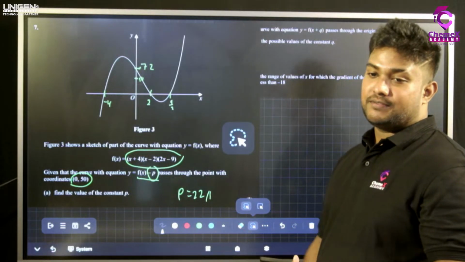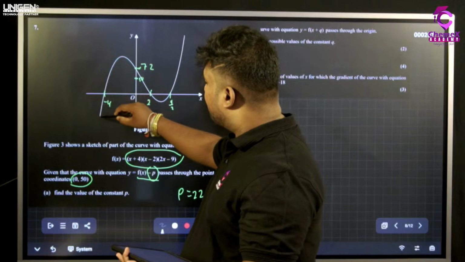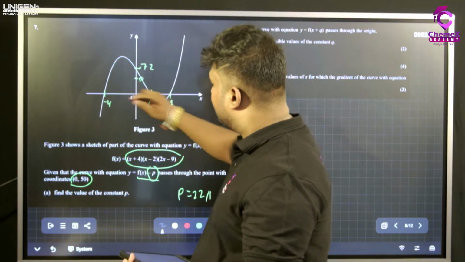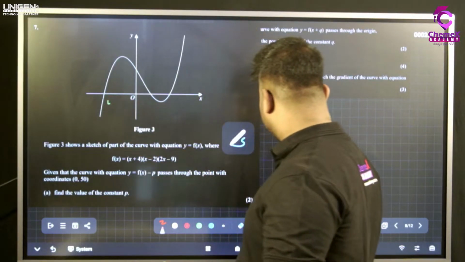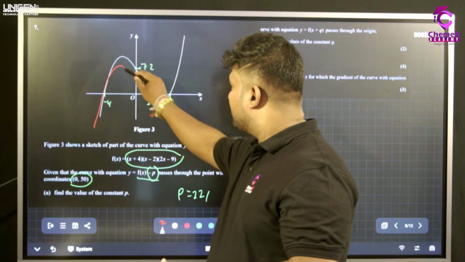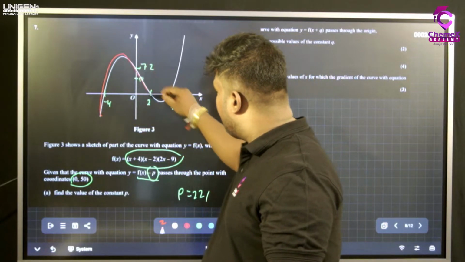Anyone has questions? The same graph has gone through the 52 place. So it has gone like this, gone down and cut through 52, which means the same graph.